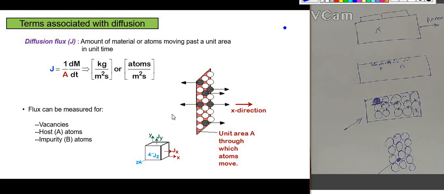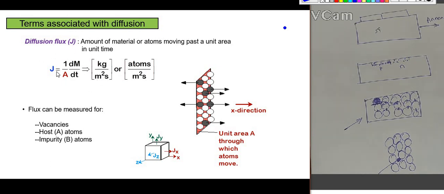And next we are going to study different terms associated with diffusion. The first term is diffusion flux. Diffusion flux is the amount of material or atoms moving per unit area, across the unit area, in unit time. So the number of atoms or amount of material crossing a unit cross-sectional area per unit time is called diffusion flux.